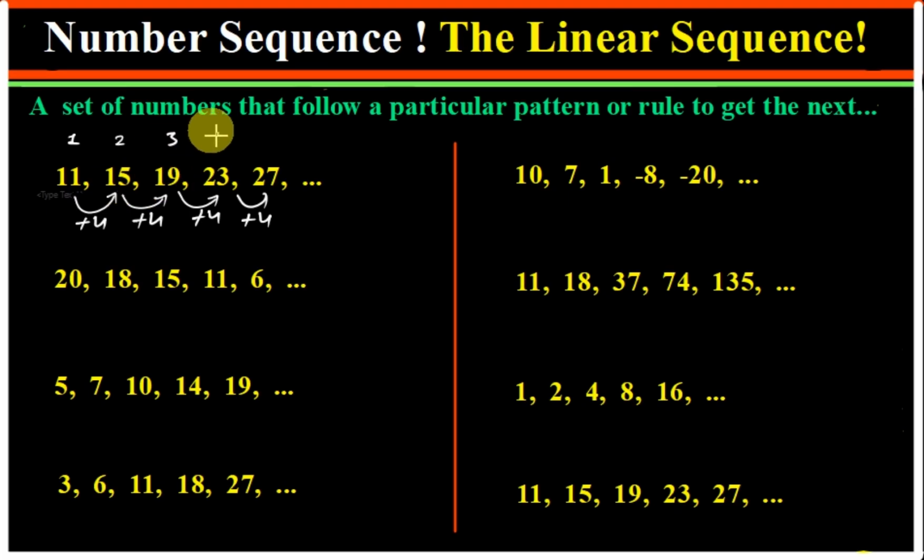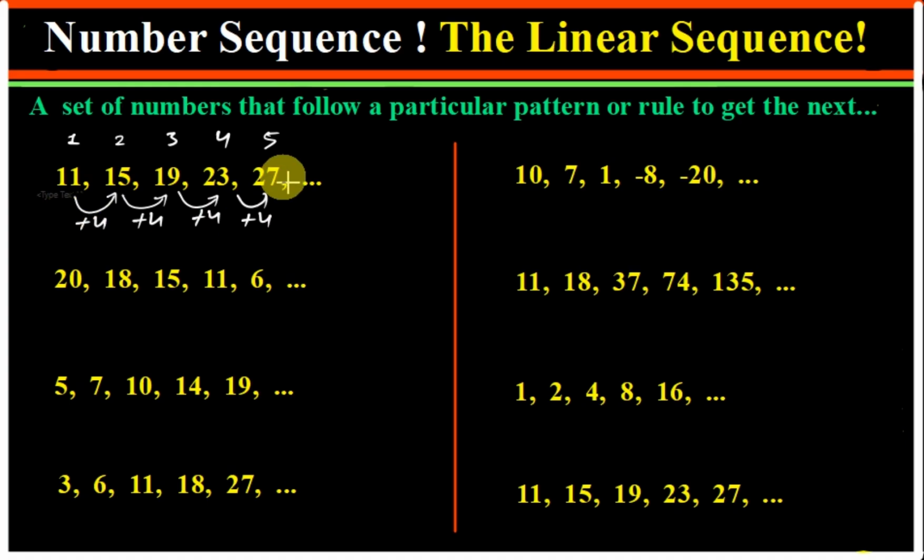At the fourth position 23, fifth position 27. So the numbers in the sequence are called the terms of the sequence, and the place where these numbers are is called the position. First position, second, third, fourth.